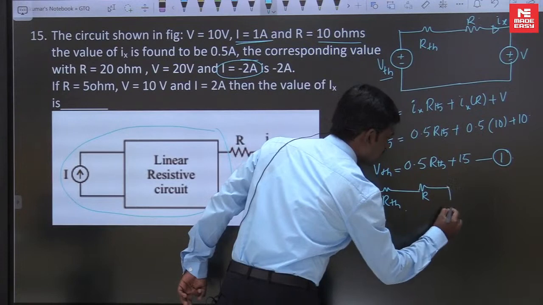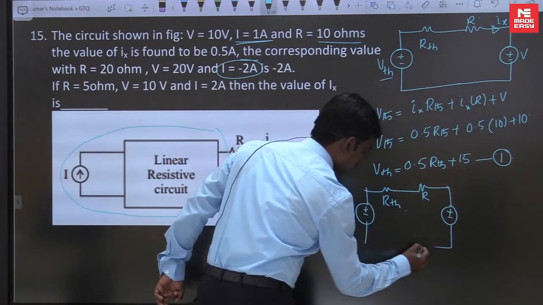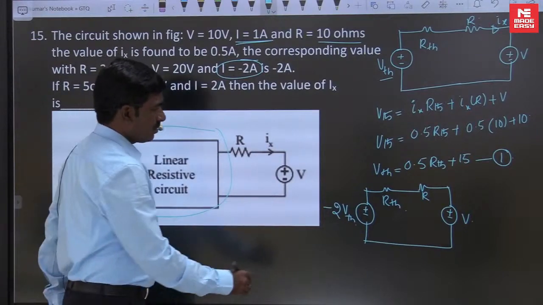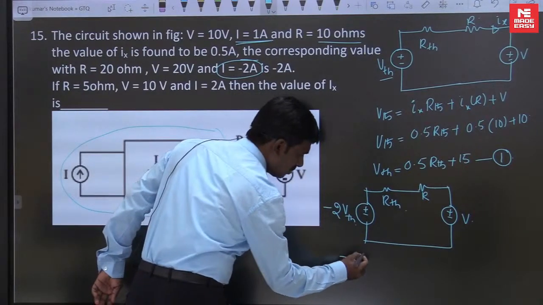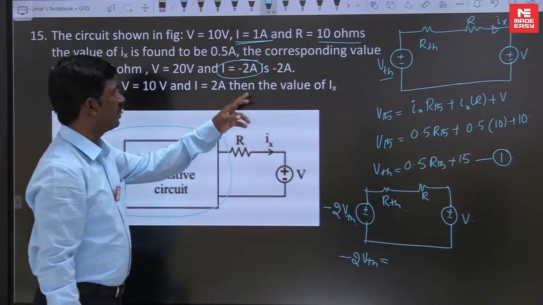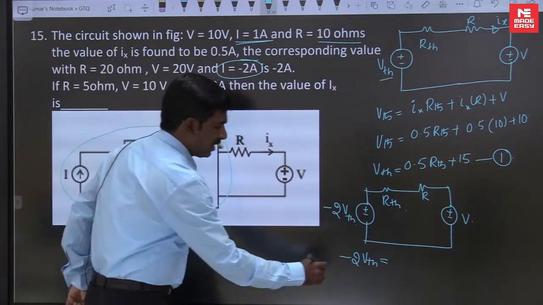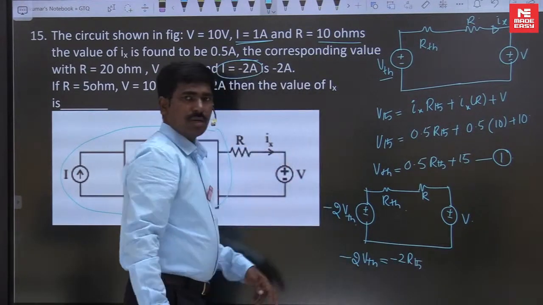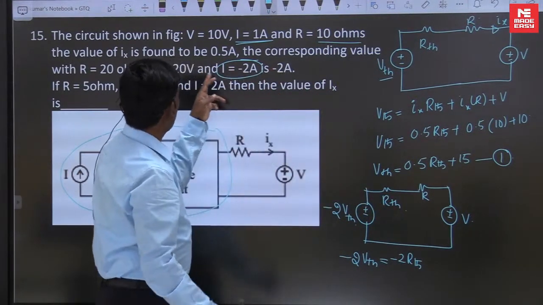Here is Ix, here plus R minus V. In this case -2 VTH is equal to RTH into Ix. Ix value is how much? -2. So -2 RTH plus R into Ix. What is the R value? Check.